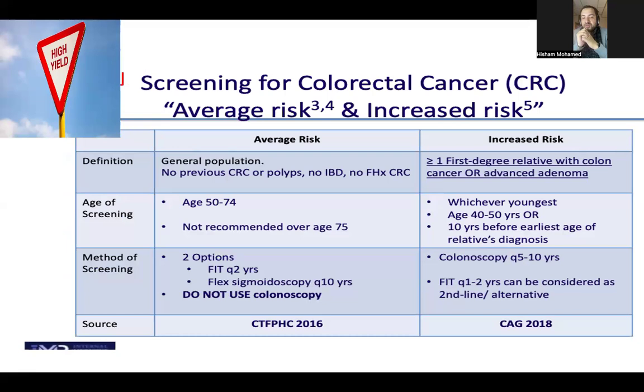For colorectal cancer, we have to screen. In all Canadian guys or girls from 50 to 74, not recommended over 75. Method of screening, maybe FIT, we'll go for FIT right now and discuss it in detail, every 2 years. Or flexible sigmoidoscopy every 10 years. But don't use colonoscopy.